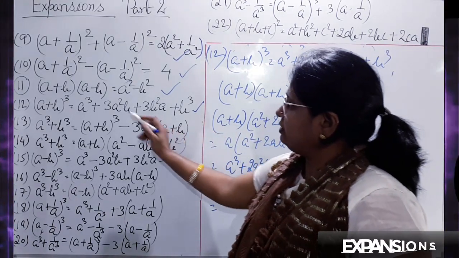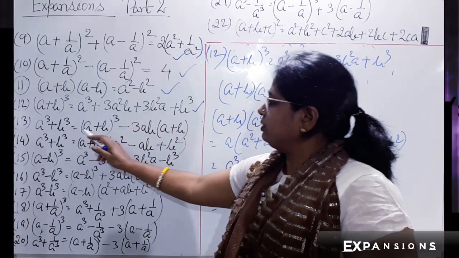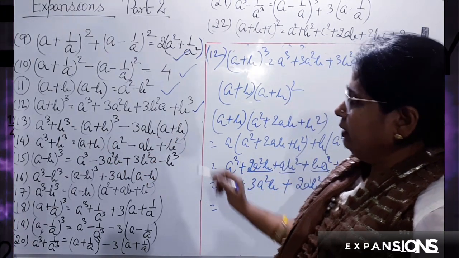And next, your identity is a cube plus b cube is equal to (a + b) whole cube, like this.